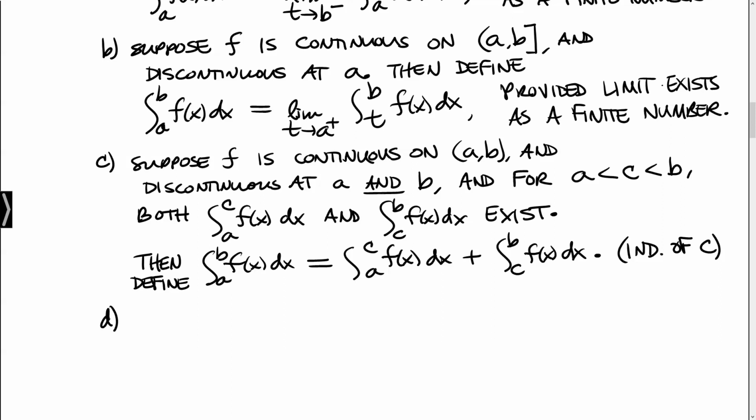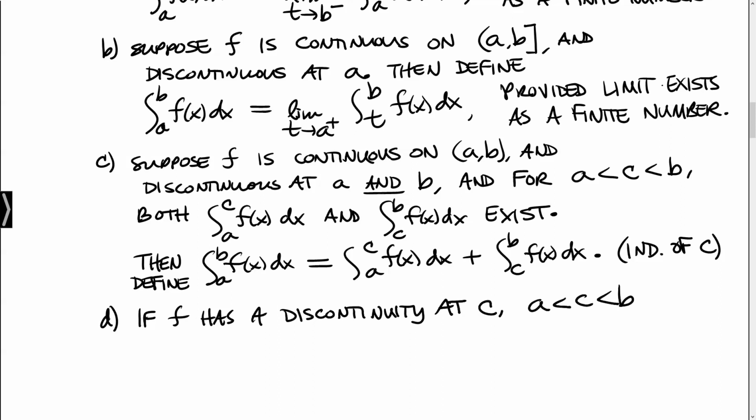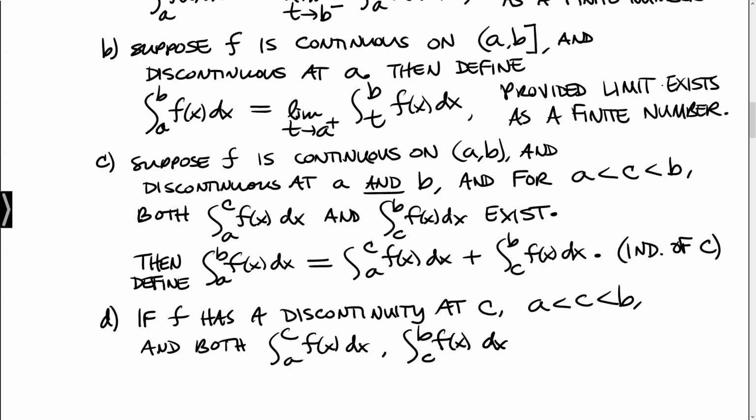Last thing, what if you have a discontinuity in the middle of the interval? So if f has a discontinuity at C, where C is between A and B, and both of these exist, so A to C and C to B exist, then again define it to be the sum just like above.